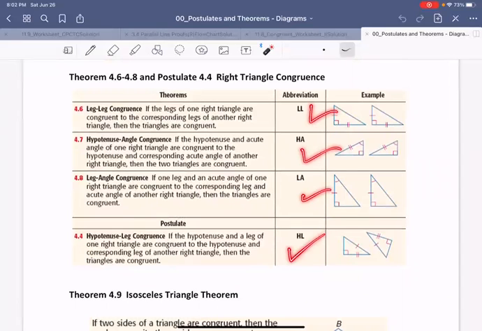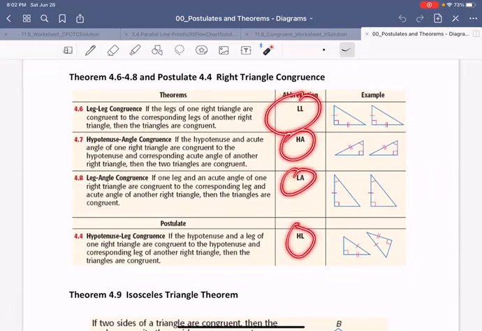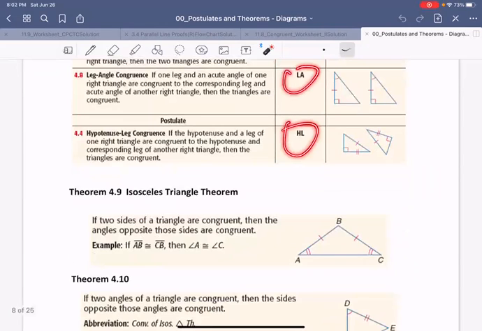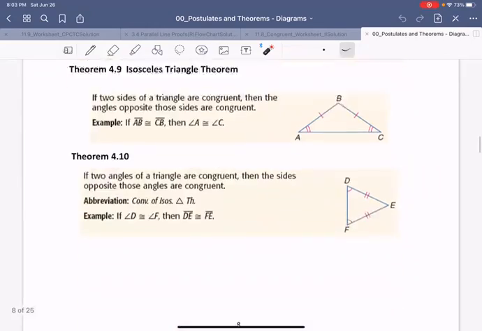In the following classes this summer, we will continue learning where those theorems come from. That's going to be the content of our study. When we learn those things, we will also use proof to prove they are true, and then we can use them as theorems in our proofs.